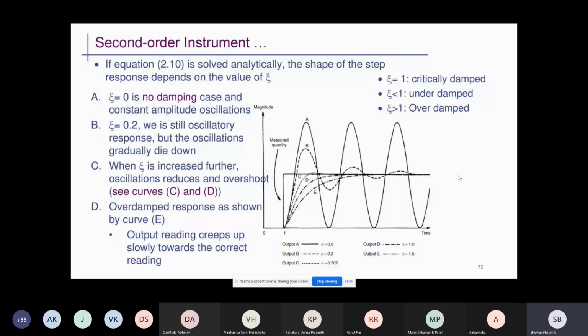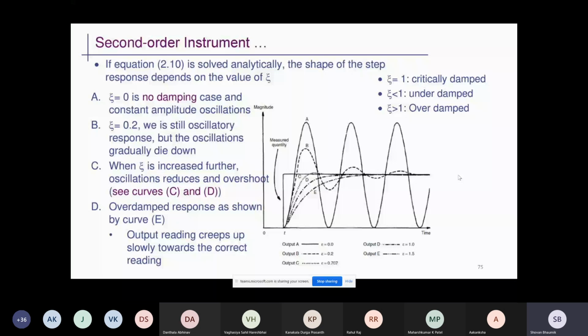Actually, there are four conditions: zeta may be zero, zeta may be one, zeta may be less than one, zeta may be greater than one.